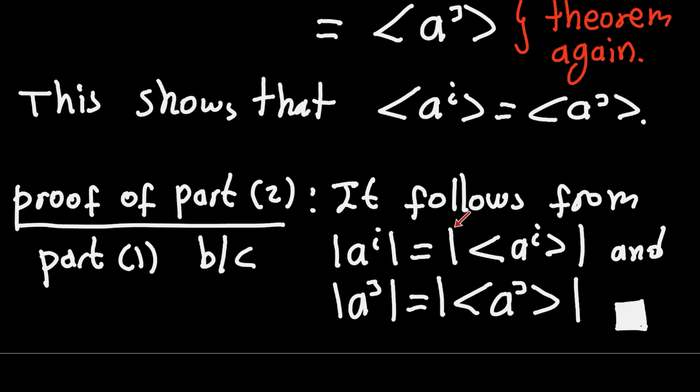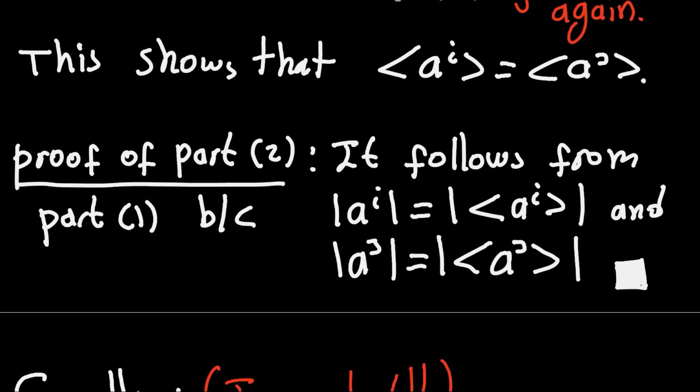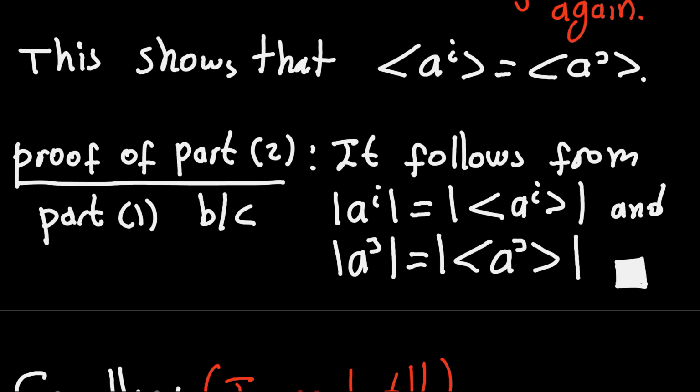That's by a result we also proved in another video lecture, and this one is the same. So if you use part 1, you can get part 2 just by looking at these two equalities that are true by a result we already proved. If you don't know exactly how that proof goes, just sit down and think about it, and you will see that it follows directly from part 1.